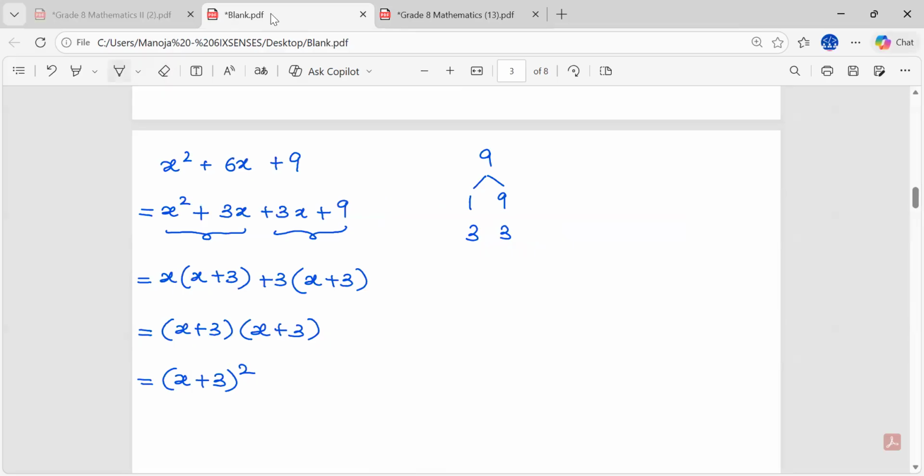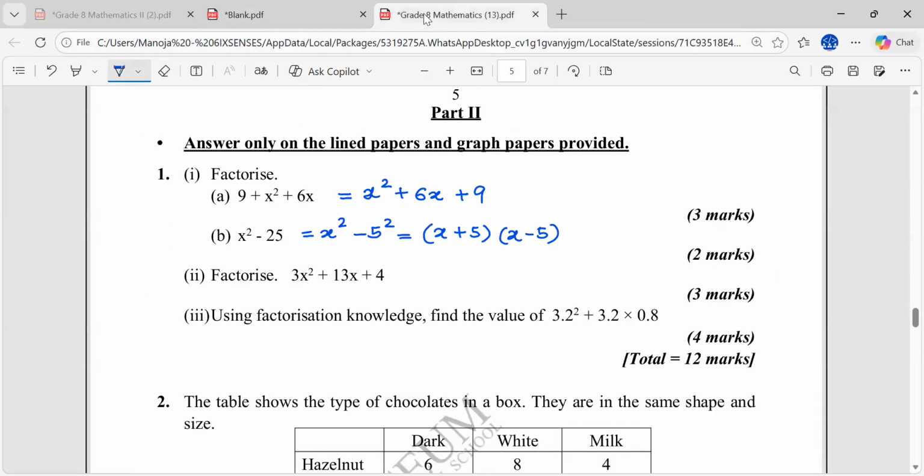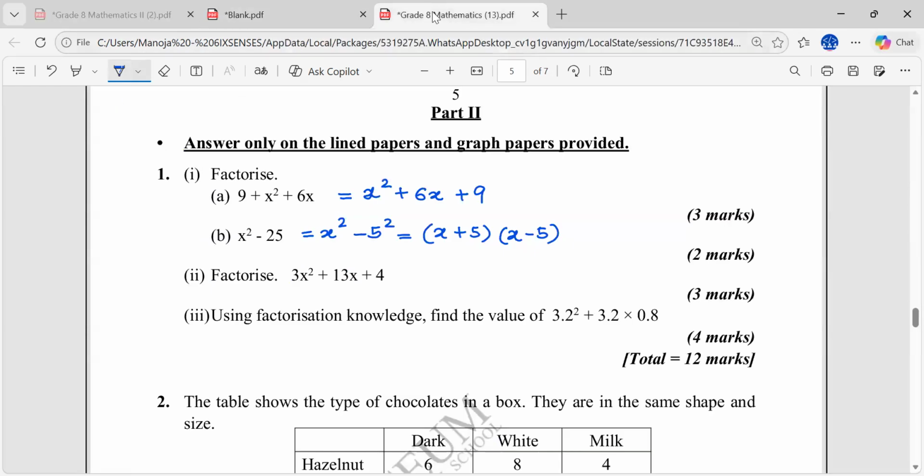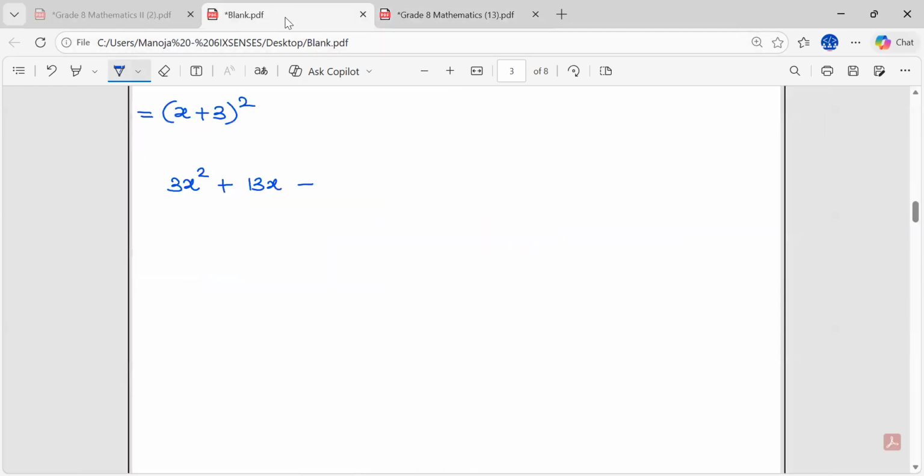But if you have something like this, 3x squared plus 13x plus 4, okay, what you want to do first, you multiply these two numbers first.